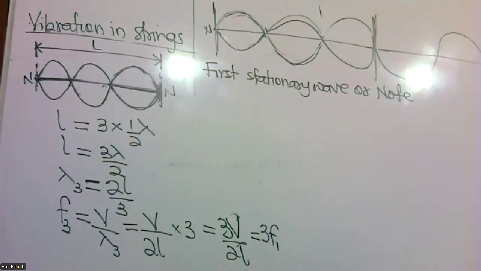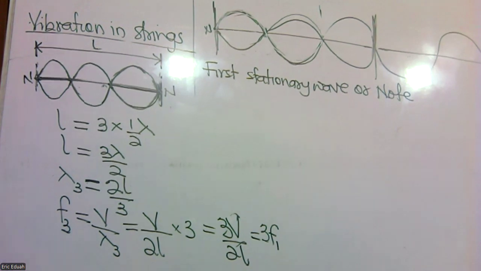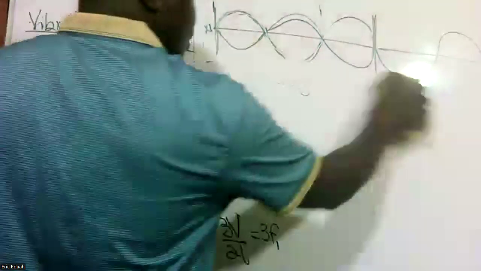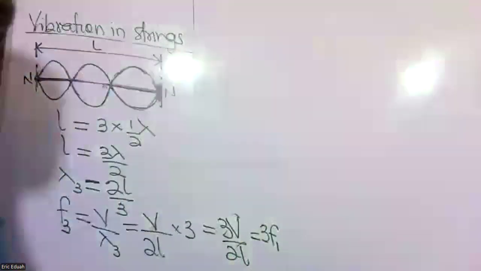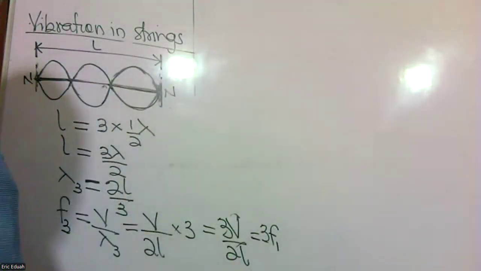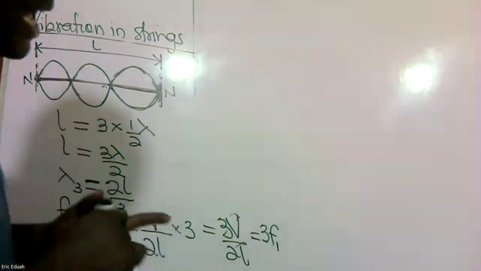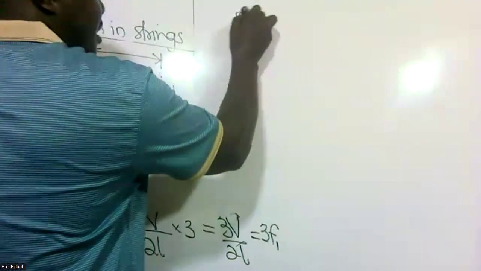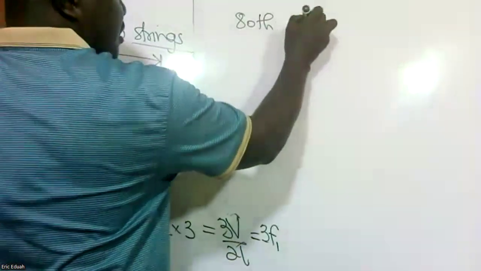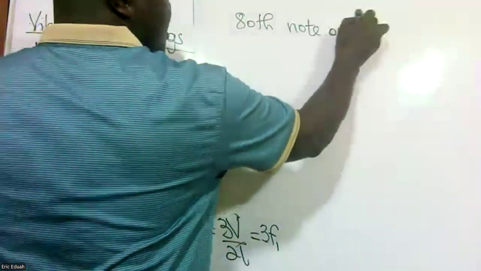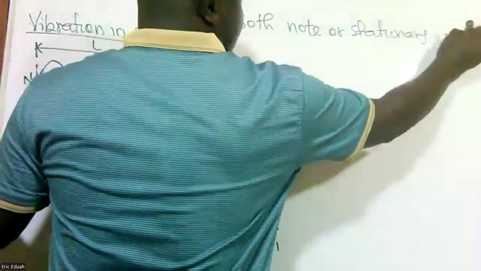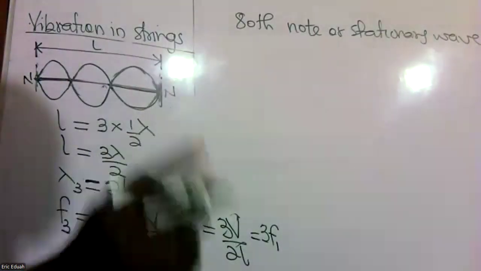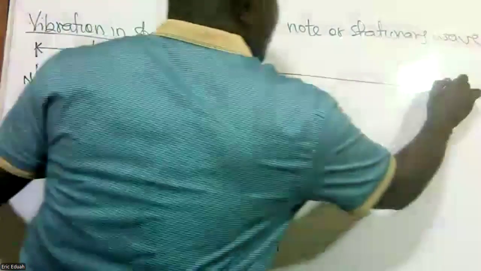Okay. Now, what will be the nth wavelength? When you're asked to determine the wavelength and the frequency of maybe the 80th note or stationary wave, you can't be drawing 80 of this.